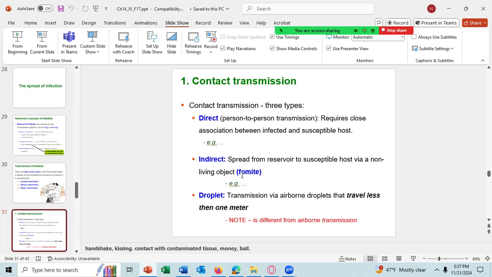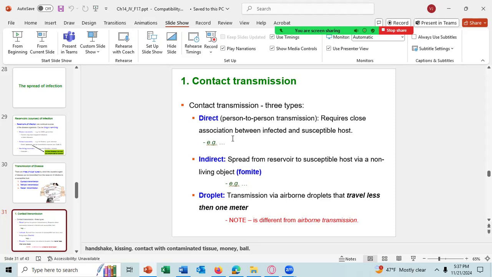Such as somebody who's sick touches money, he turns in the money to the teller. Let's say the teller is immune, but then the teller gives the money to the next customer, and that customer touches the money, picks up the disease carrying organism, and usually inoculates it into their mucous membrane in their face, and then gets the disease. Indirect contact transmission.